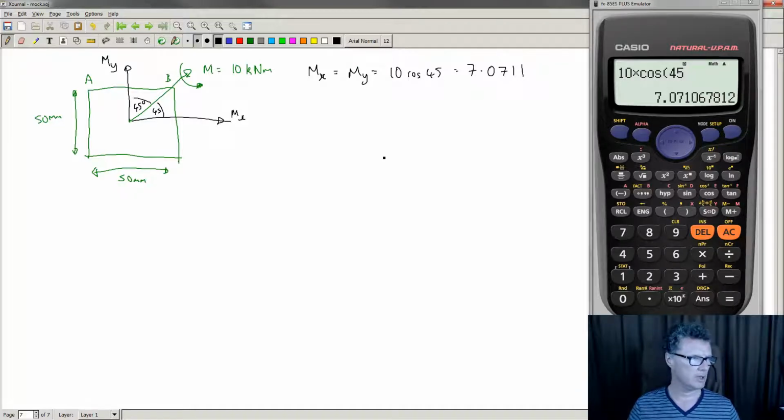What do we want to do next? I'm simply going to use the bending equation to find my stresses. So I imagine that I've now got a turning moment here.